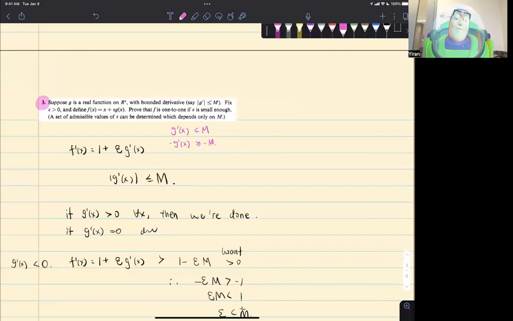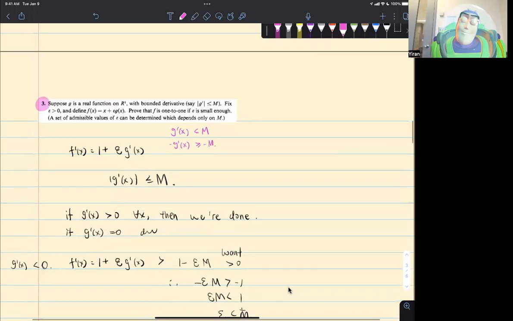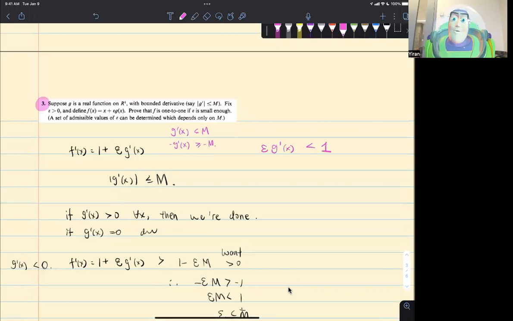So let's calculate the derivative of F first. The derivative is equal to 1 plus epsilon times G prime of X, and because 1 is larger than 0, we just need to make sure that epsilon times G prime of X is smaller than 1. And we want to make sure this happens.